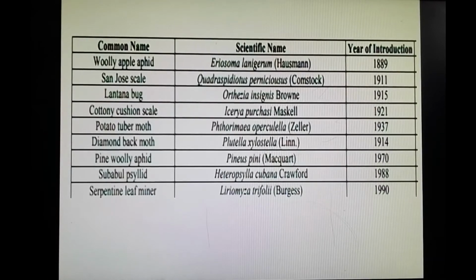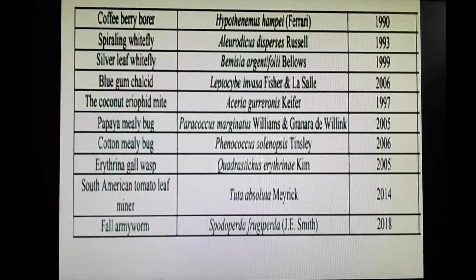Similarly, potato tuber moth, diamondback moth, serpentine leaf miner, the list is long, coffee berry borer, spiralling whitefly, silver leaf whitefly, the coconut eriophyid mite, Aceria guerreronis, a very important pest of coconut nowadays in South India.